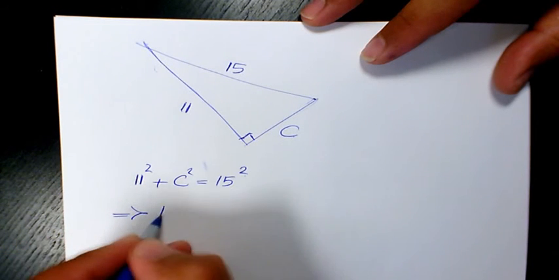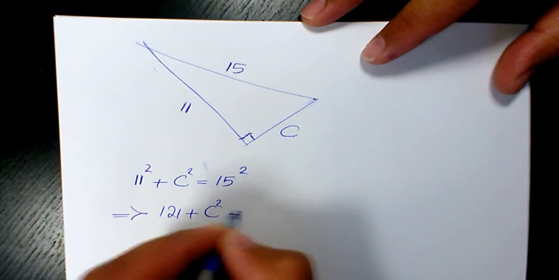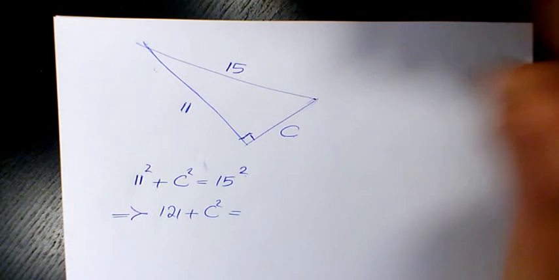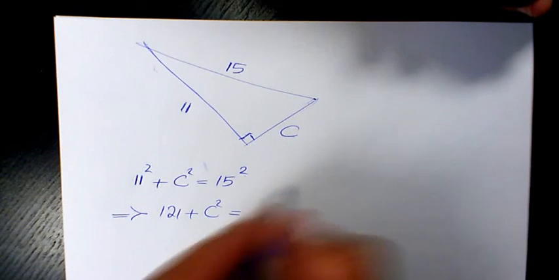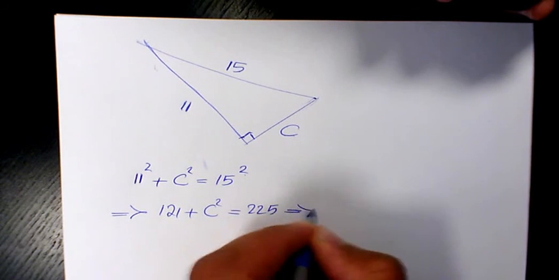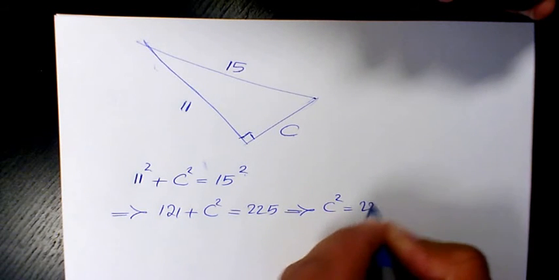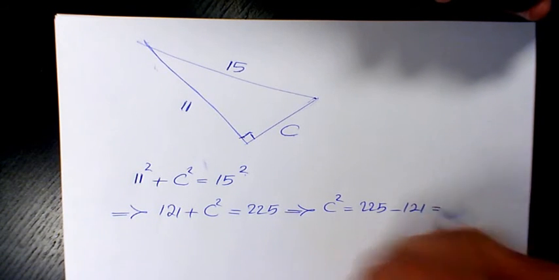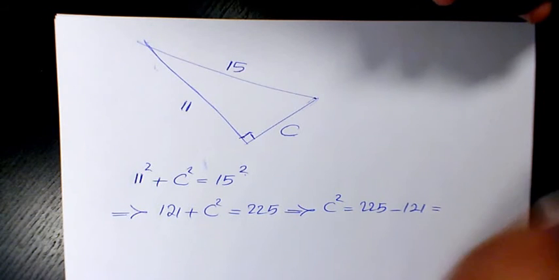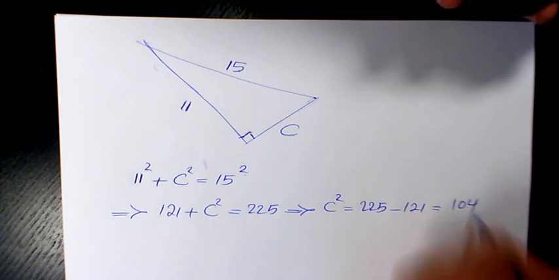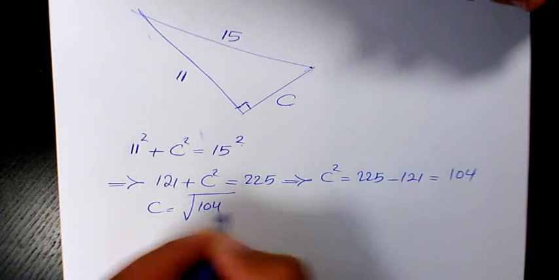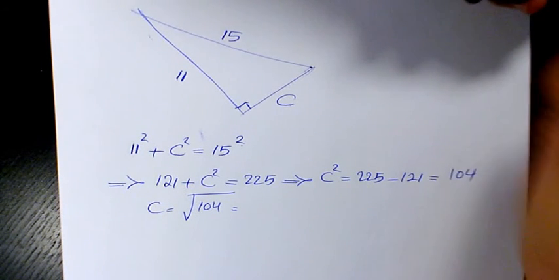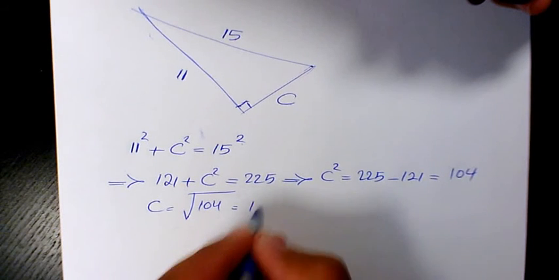Therefore, 11 squared is 121 plus c squared equals to 15 squared. I think it's 225. Double check that. 225, yeah. Therefore, c squared is going to be 225 minus 121, which is going to be 104. And c is going to be square root of 104, which is going to be 10.2.